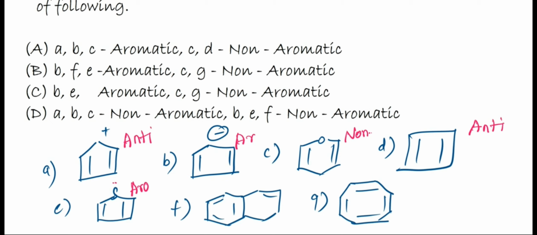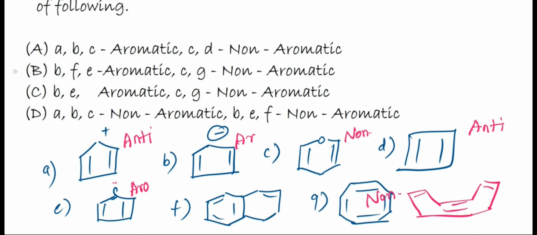And talking about G, this is a non-polar structure which takes up the duck shape, right? So which makes it non-aromatic. It is a non-planar, non-aromatic structure. So just tell me which option is right. What are those that are non-aromatic?